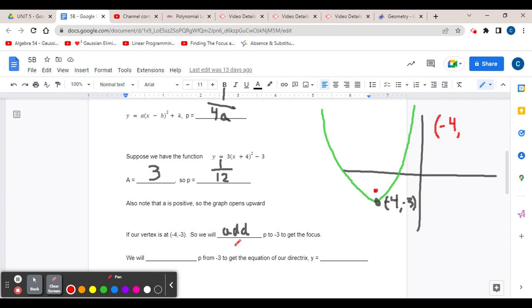Now remember, the distance p is the distance between the vertex and the focus. So we have to add this distance right here, and this distance is 1/12. So that distance right there is 1/12. So we need to add 1/12 to -3.